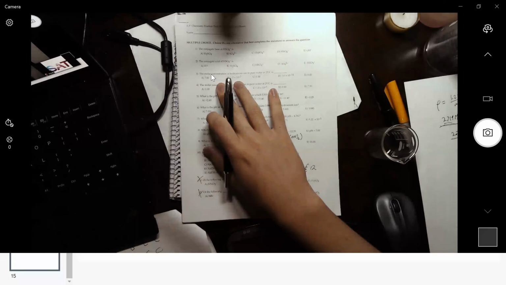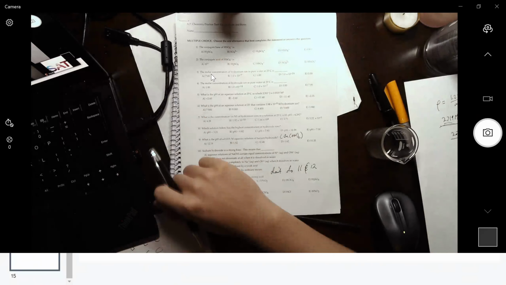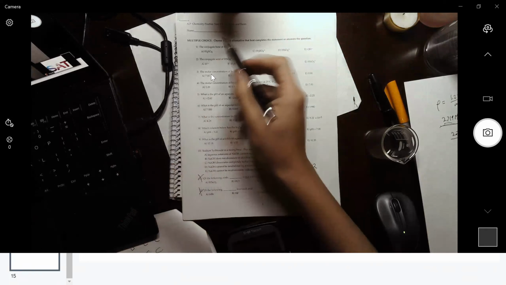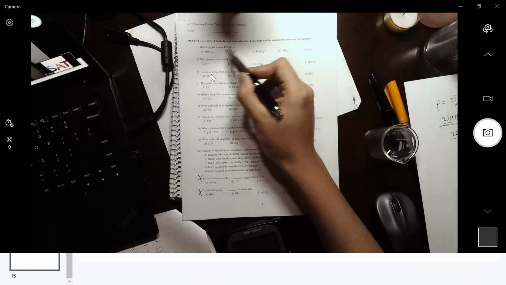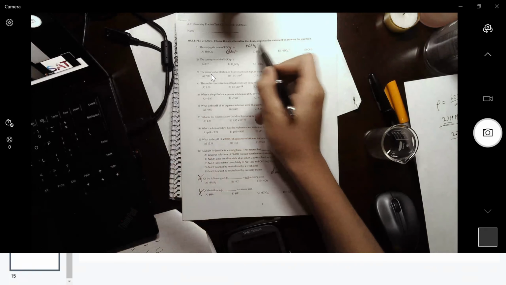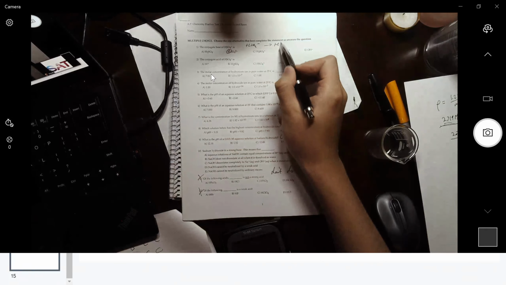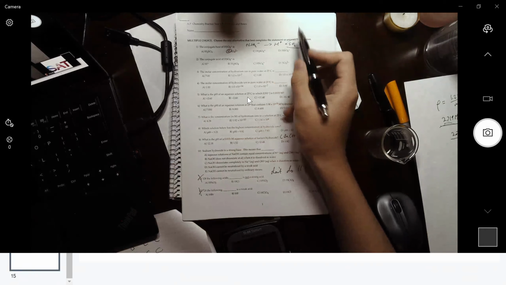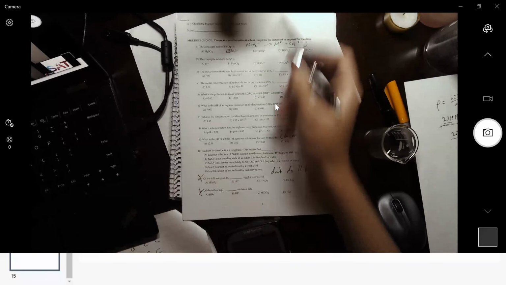Can someone tell me the answer to 1? Great. So this reacts to form this base. That's the answer. What about 2?